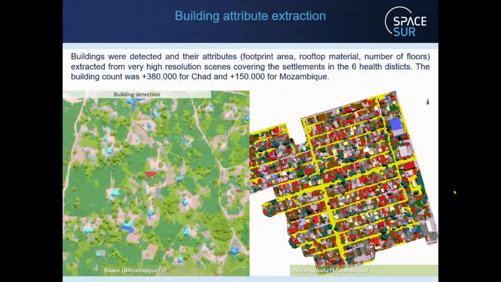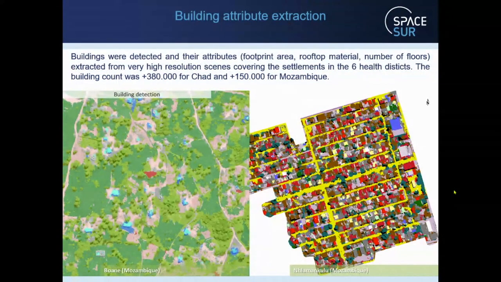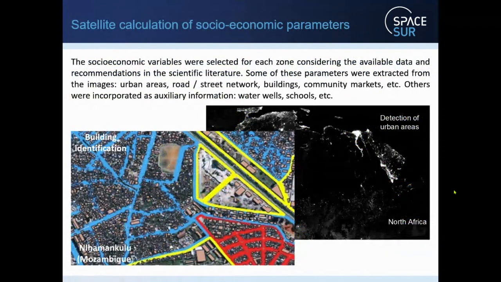This is how we can modulate and extract data from the buildings and the aspects of the regional areas, and we calculate the socioeconomic parameters to integrate in the algorithm.